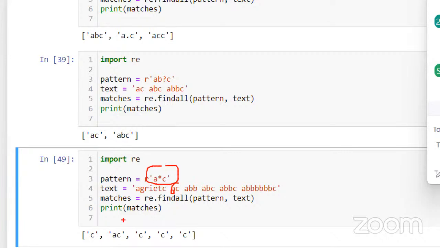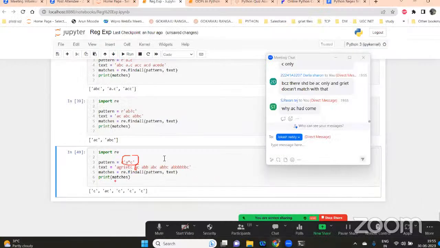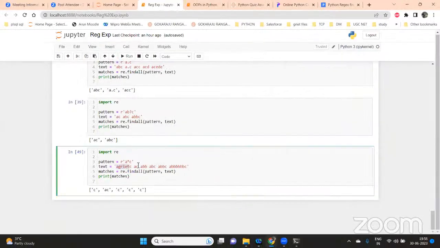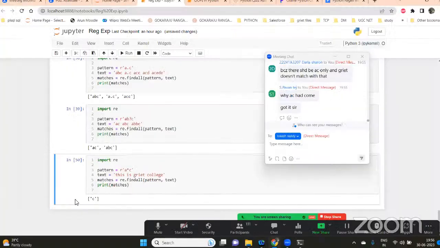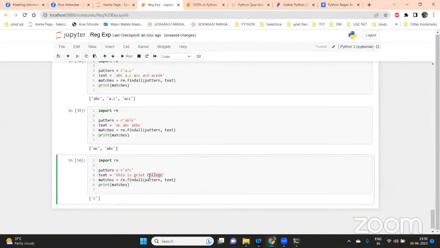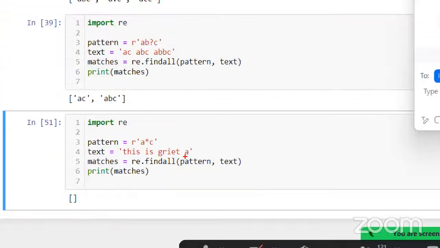It ends with C, right? Or if this text is confusing you, you can just mention, see what I wrote, this is grid A. So obviously this is a pattern.